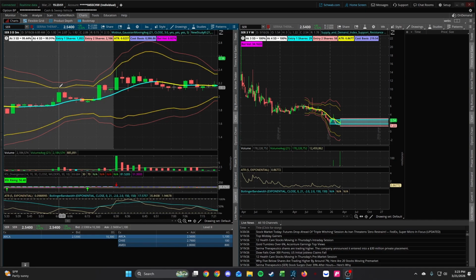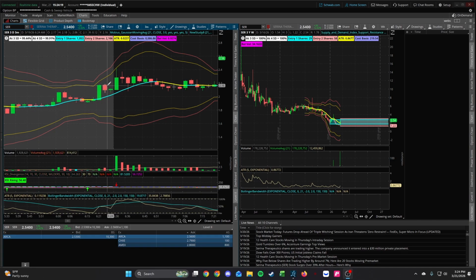One thing I like to do is pair ATR with another kind of volatility indicator, Bollinger Band width. If you guys are familiar with Bollinger Bands, it shows expansion and contraction of price, and the width between the bands indicates whether we're in an expansion period or a contraction period.